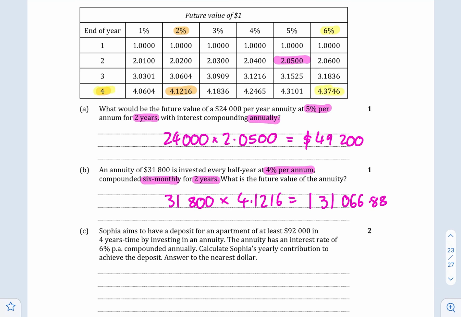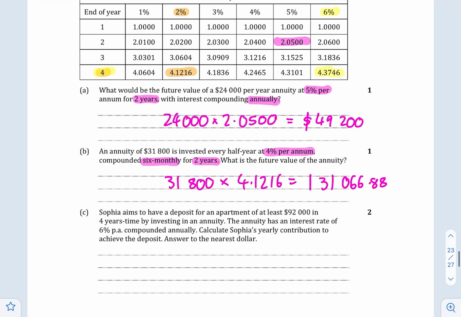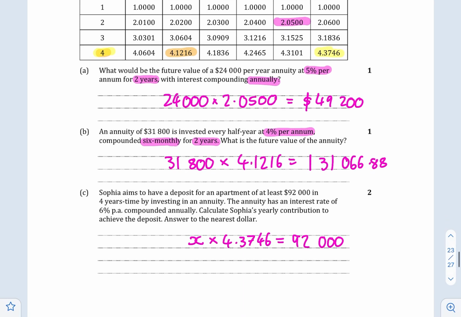So we're looking at that number, 4.3746. But instead of just multiplying it, we don't know what we're multiplying by. We're multiplying something by 4.3746. And when we do that, we get $92,000 because that's how much money she wants in the future.